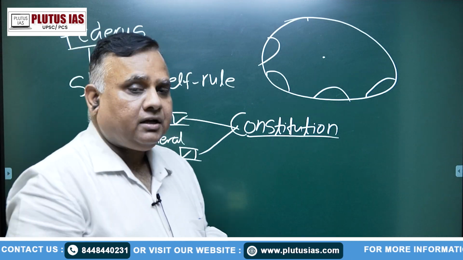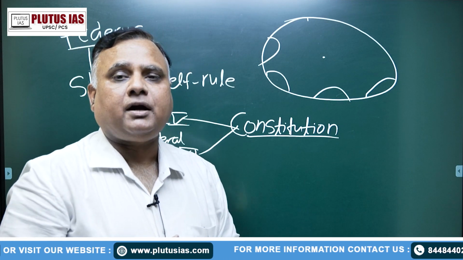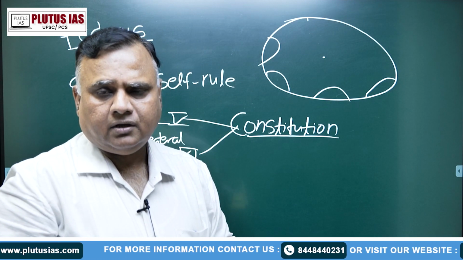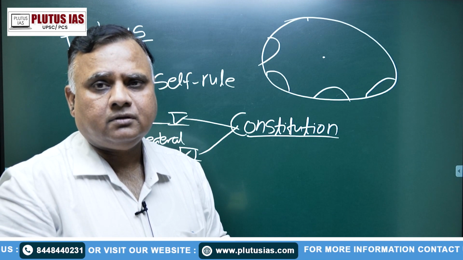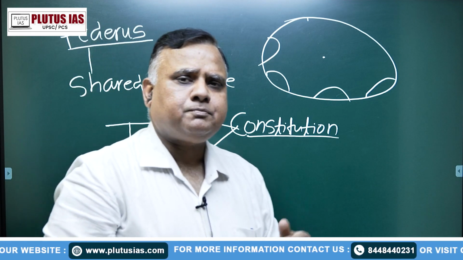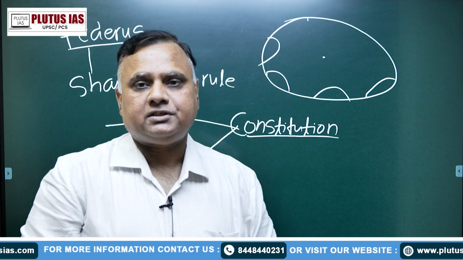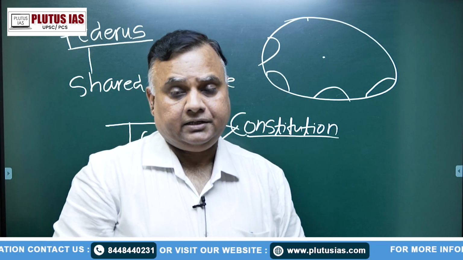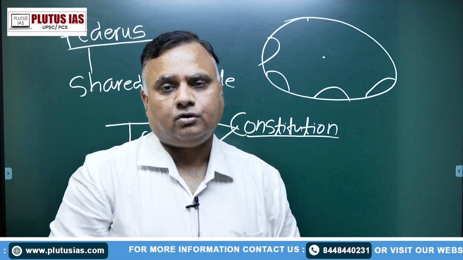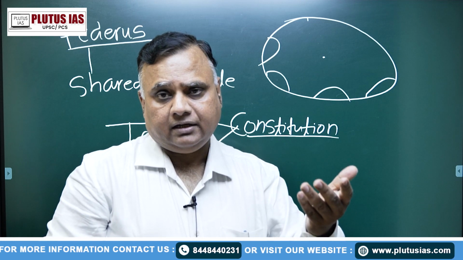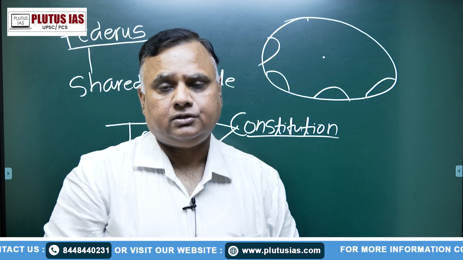So, America is truly federal, India is partly federal. India's federal polity is inspired from Canada. And Canada was inspired from the Civil War of neighboring US. From 1860 to 1865, US faced civil war. Northern and Southern states were fighting on the issue of slavery.